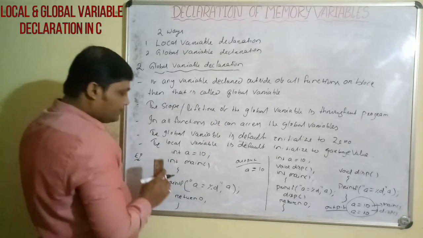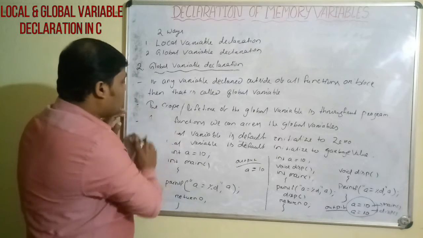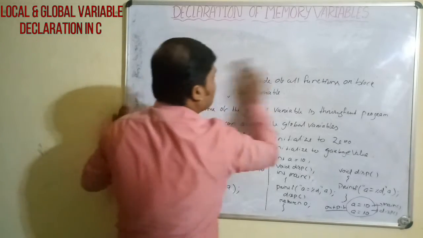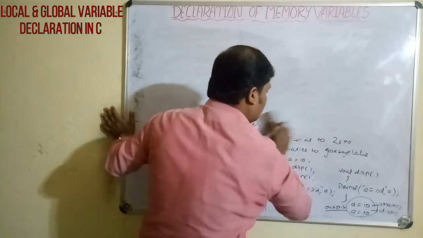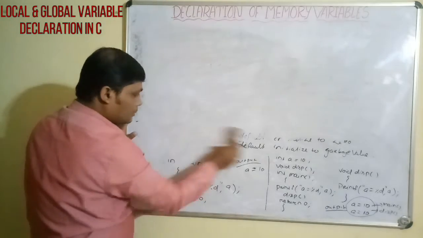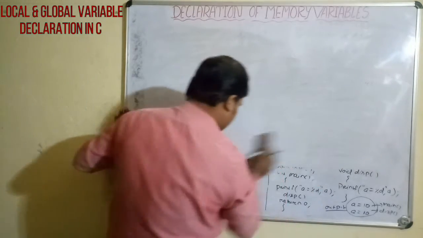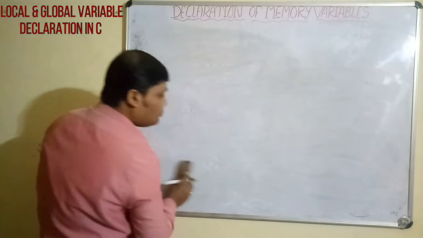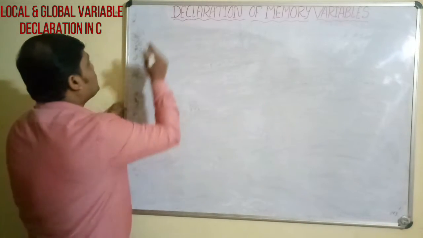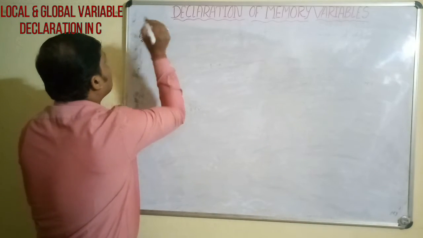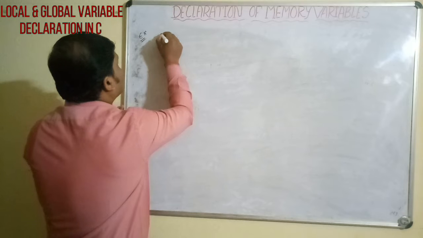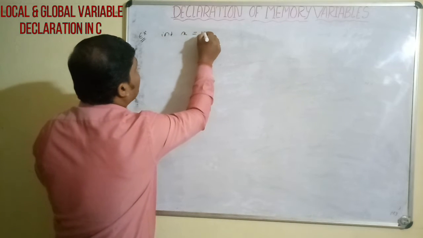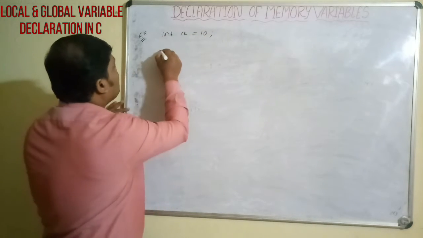Clear? Now see, suppose another example, just see. I am taking another example. Integer x equal to 10, clear?